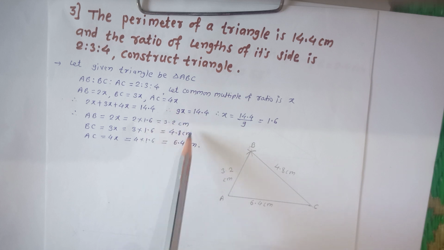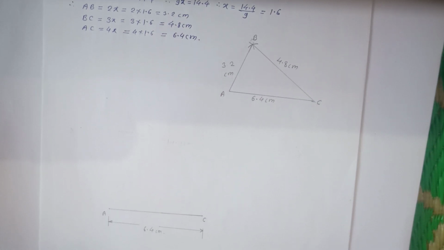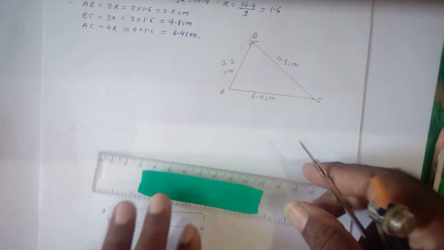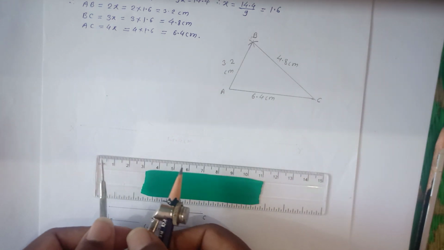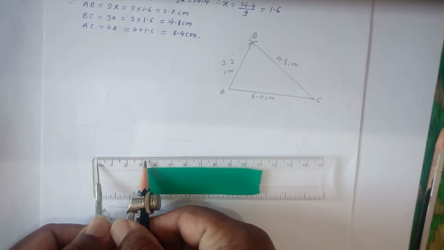Thus we get all the sides of this triangle. Then it is easy to construct this triangle. At first, draw segment AC 6.4 centimeters, that is the base of this triangle. Now we have been given AB 3.2 centimeters. So take 3.2 centimeter distance in a compass.